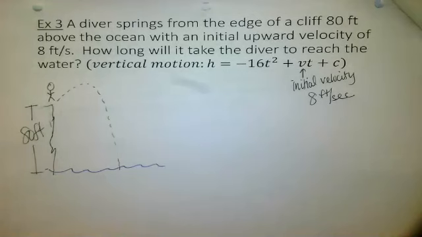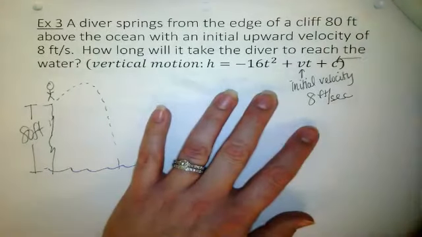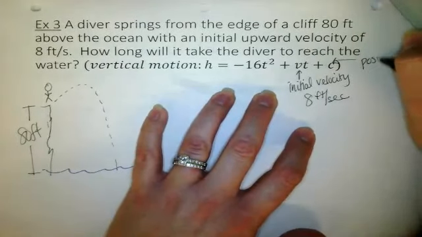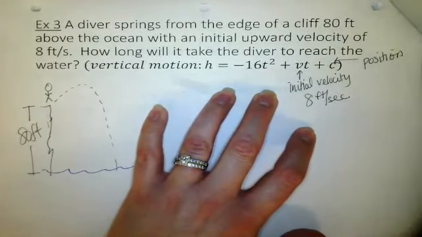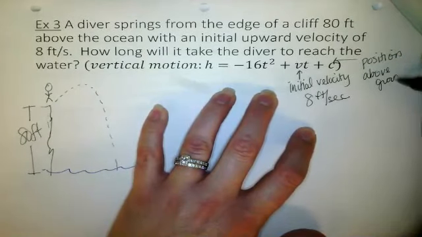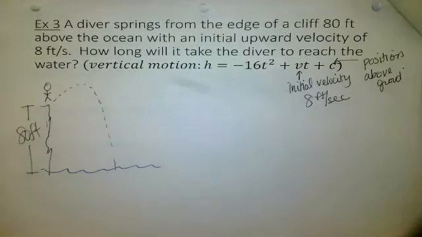And then C is his position above ground, or above the water in this case. So C is your relative position above the ground, or in this case, the water.